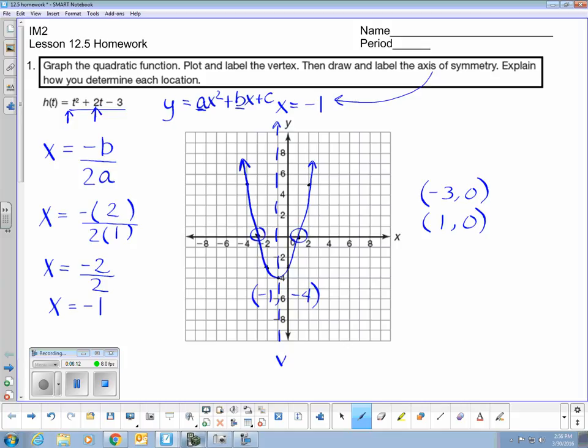And in this case, I'm adding my two x values, negative 3 plus 1, and then dividing that in half, just like I would average two numbers. So that gives me negative 2 divided by 2, which is negative 1. So my axis of symmetry, x equals negative 1. So throughout this lesson, we can use any one of these methods to find the axis of symmetry.